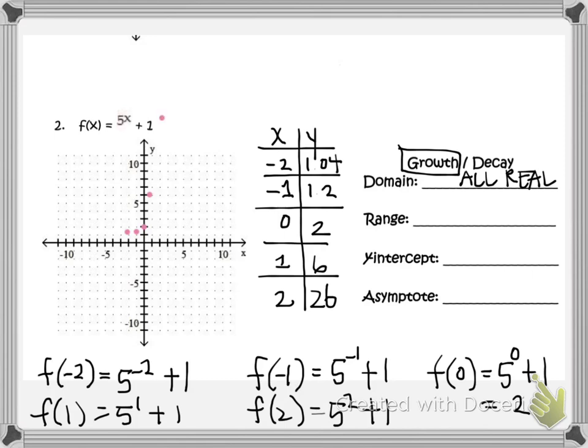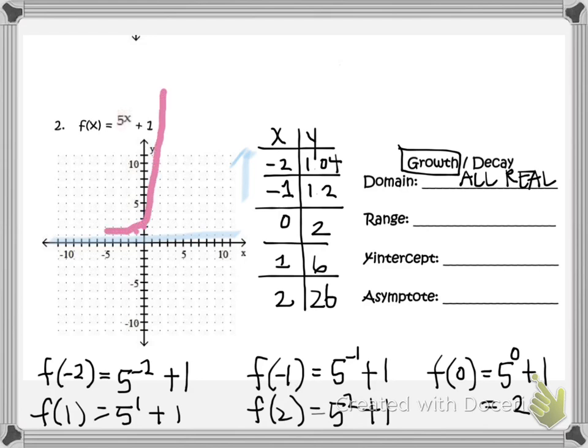Okay? So as your x value gets smaller, if I kept plugging in my x values getting smaller, -1, -2, if I plug in -100, my y value is approaching 1, but it's never going to touch 1, okay? So it's never going to touch that 1 there. The y equals 1, that is, remember, called your asymptote.